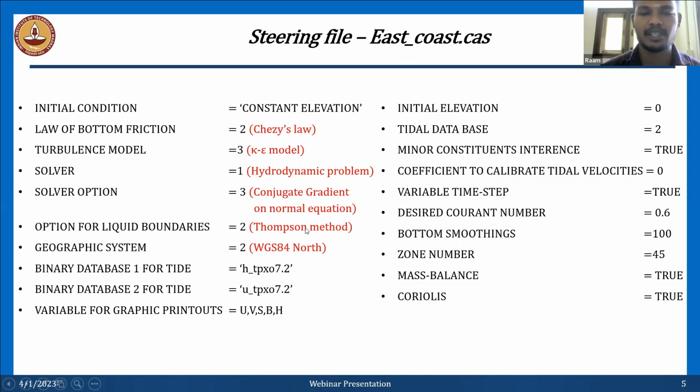And the liquid boundary condition is the Thompson method. There are various methods, but we usually prefer the Thompson method. This is nothing but how the water enters from the outer domain into our domain. This is a geographic system, and these are the various basic inputs which are given into the system.